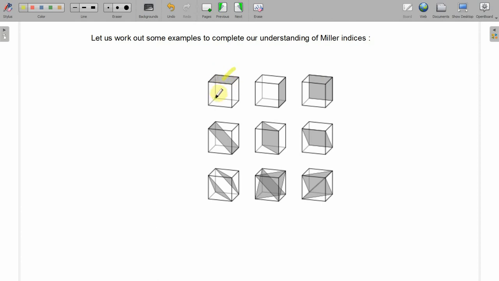If the origin is taken to be at this point, then this is x direction, this is y direction and this is z direction. Now, this plane is making an intercept only along the z direction and not along the x or y direction. So, it is parallel to the x as well as y directions.